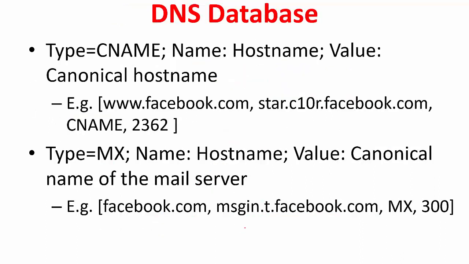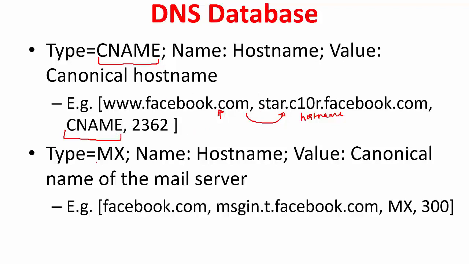There is also a type CNAME record. This is mainly for aliasing. So what this tells is www.facebook.com is what the outside world knows, but internally it actually maps to a machine whose host name is this. And this is a canonical name because this is basically for aliasing.